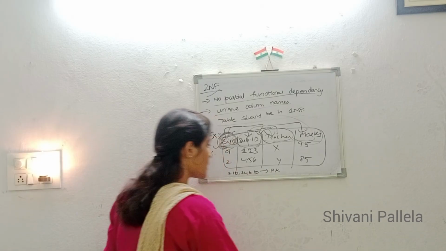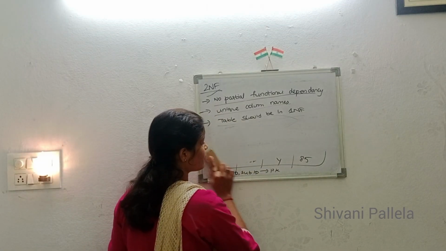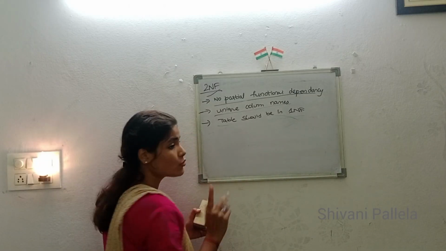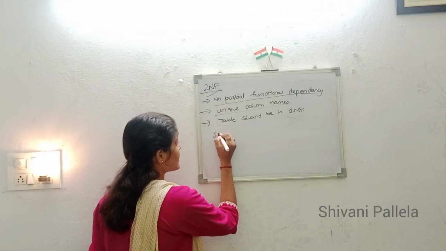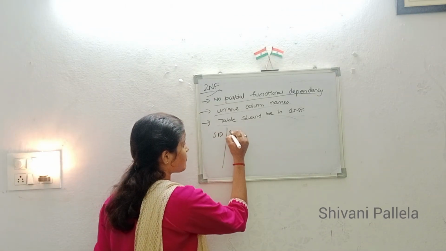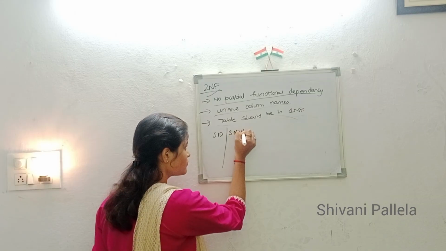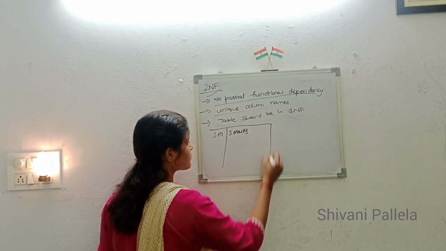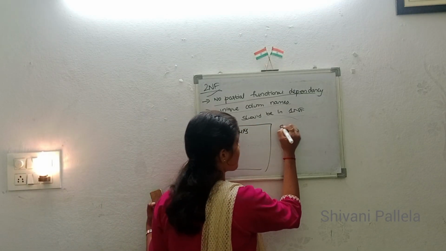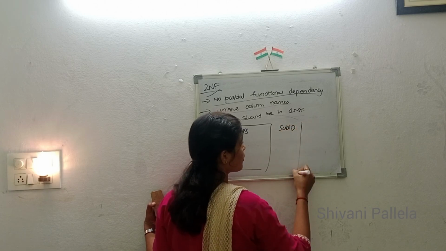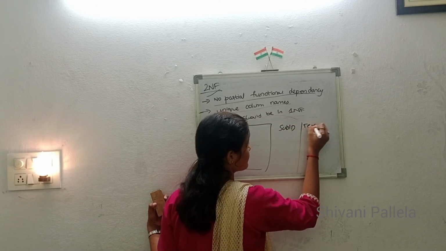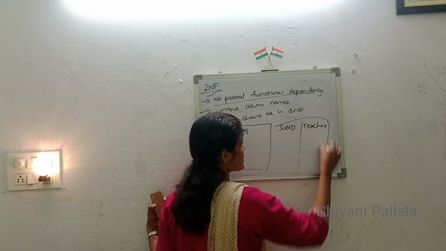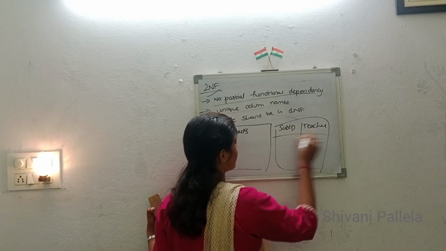So while decomposing it into the second normal form, how will it come? Two tables will come. Student ID and student marks. Subject ID and teacher. Teacher is depending on the subject ID.